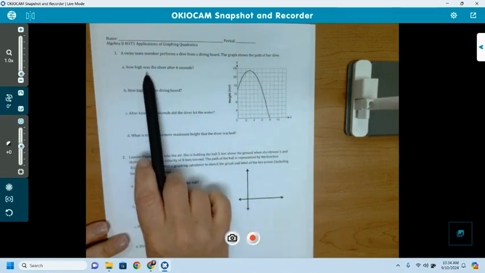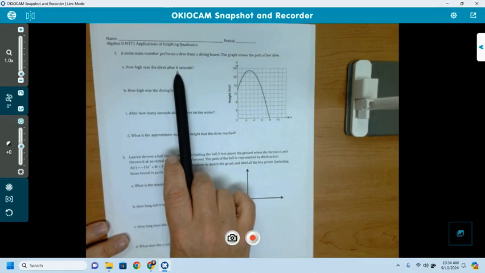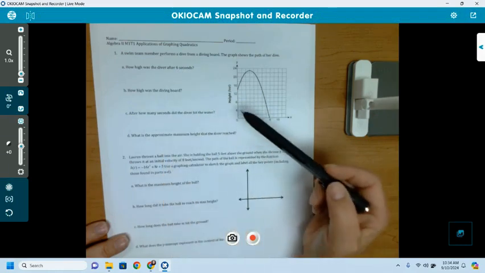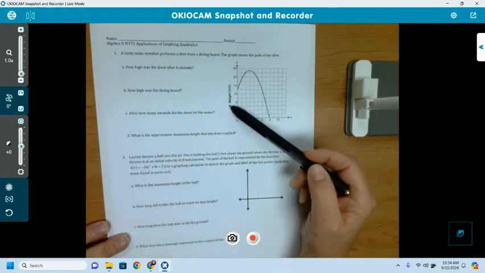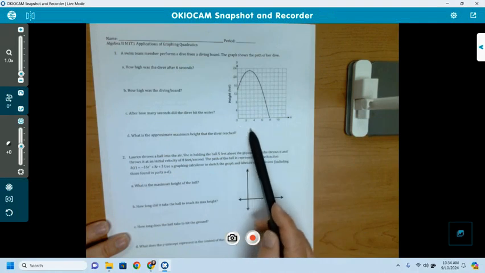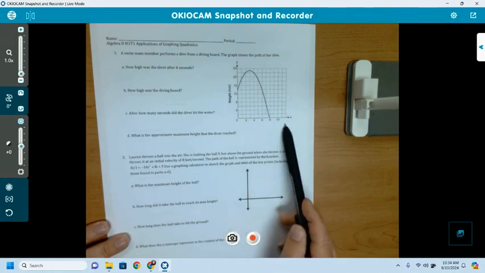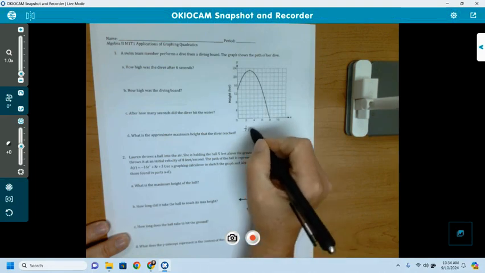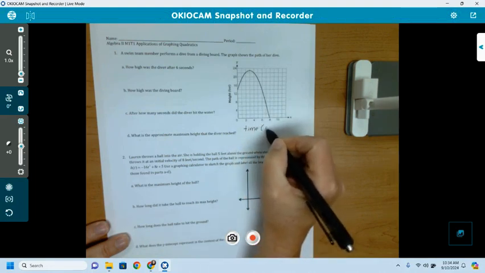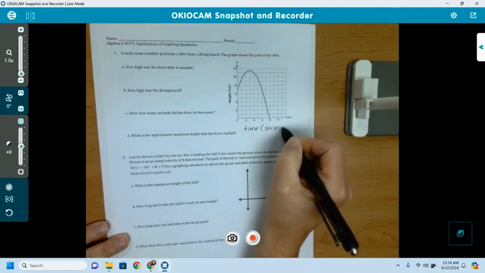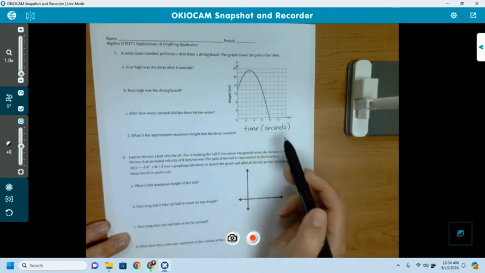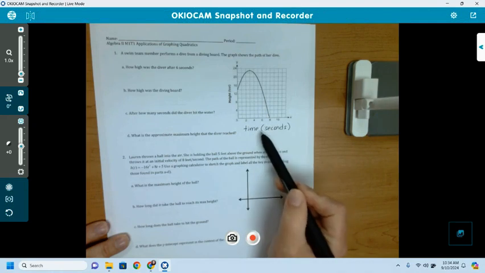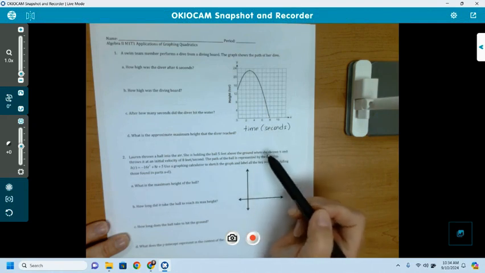A, how high was the diver after 6 seconds? So we already have the height on this side, so I can assume that the x-axis will be for time in seconds. So let's label that x-axis with time in seconds.